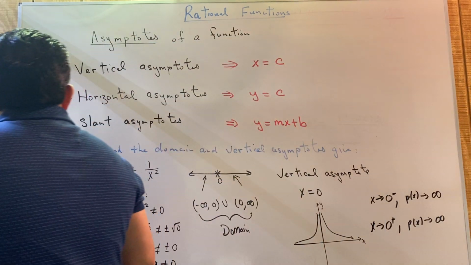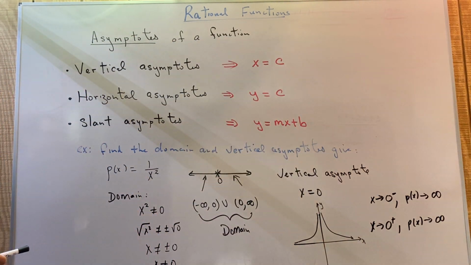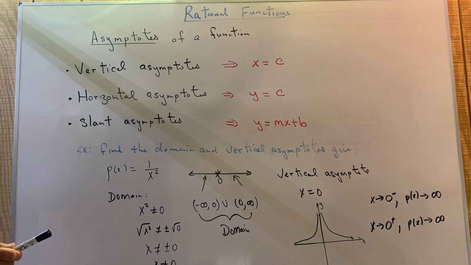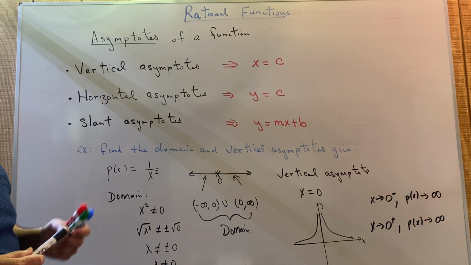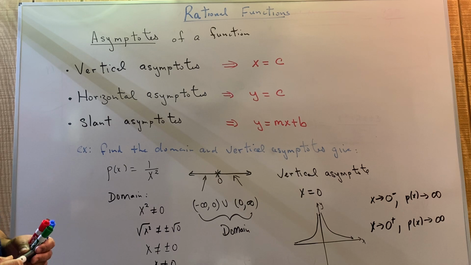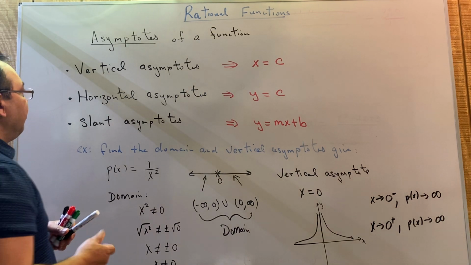Now, for horizontal asymptotes, I'm going to use a simple way for you to identify them. What I'm going to focus on here is looking at the degree of the numerator of the rational function in comparison with the degree of the denominator of the rational function. Okay?